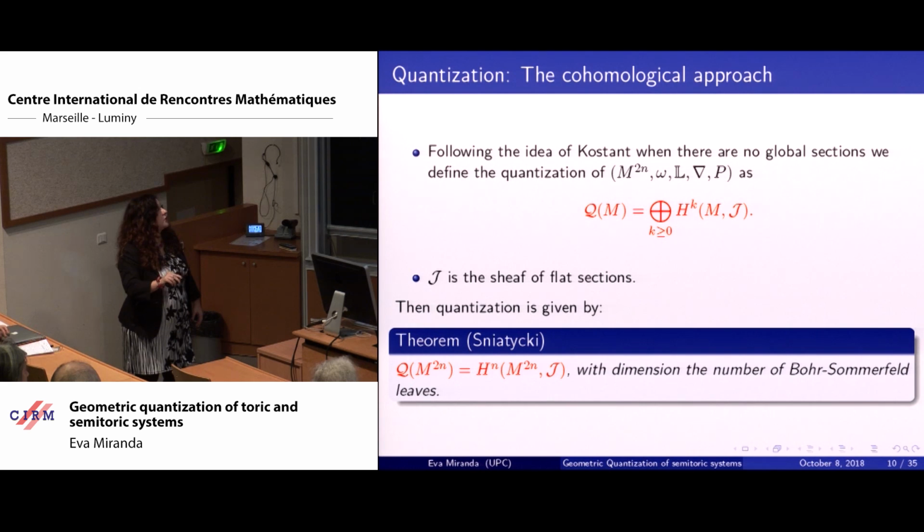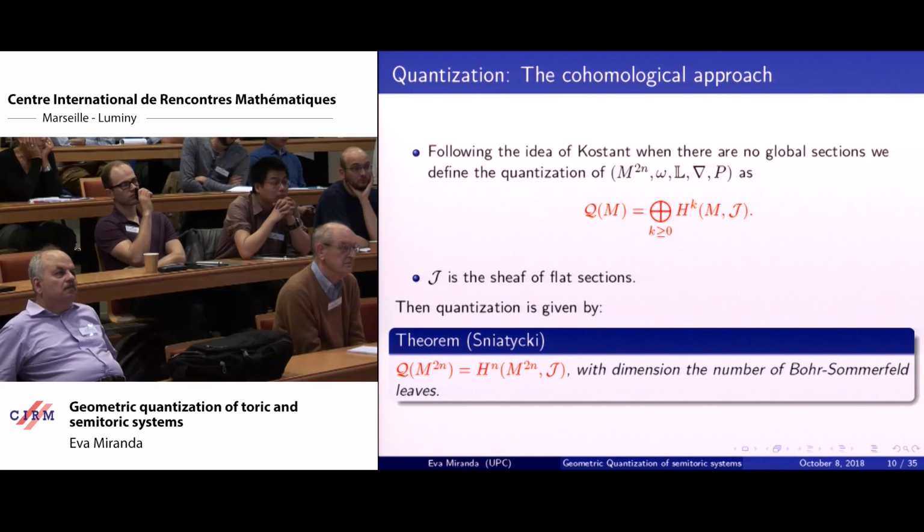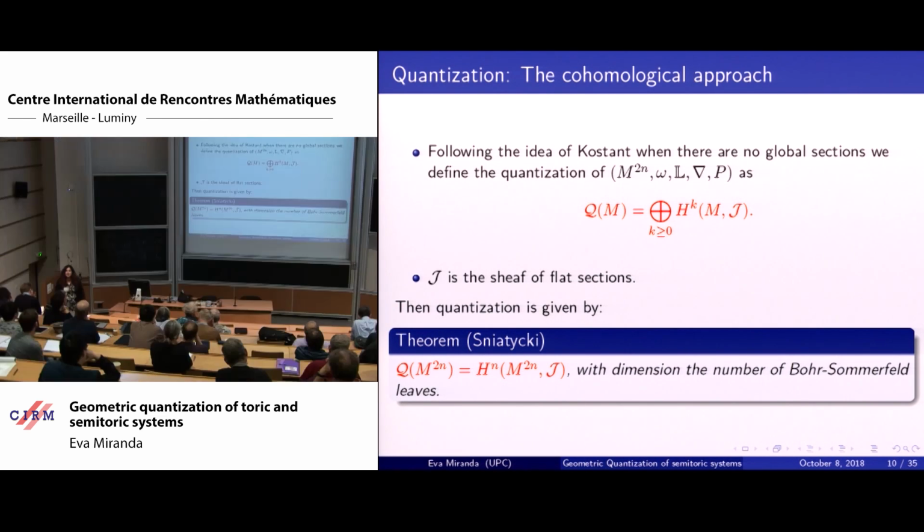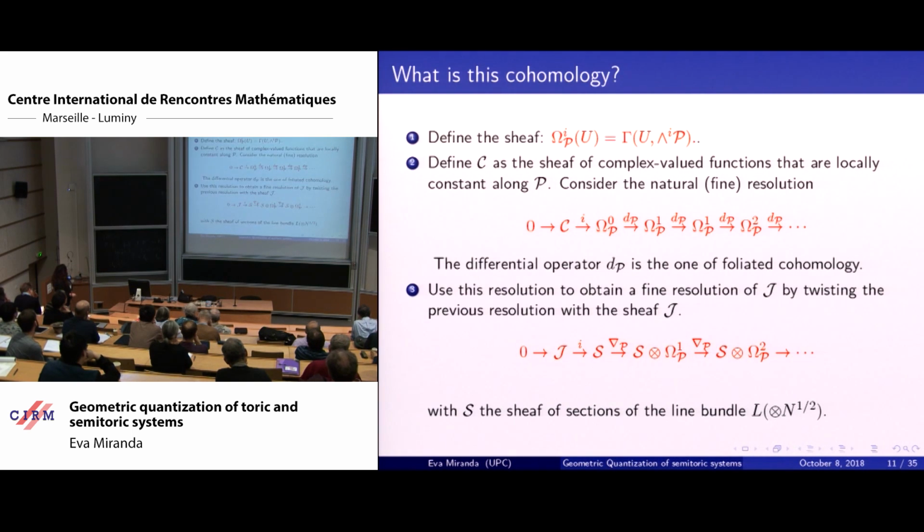So all the cohomology is localized in degree n, and the dimension of this is just the number of Bohr-Sommerfeld leaves. So this gives the interpretation of, let's just count Bohr-Sommerfeld leaves.